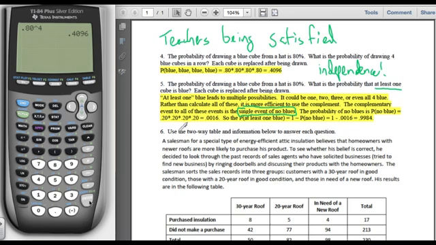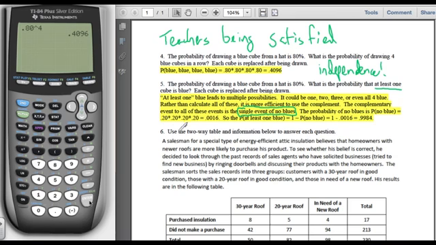So since they're not equal, they are not independent, but they are dependent. The shape your roof is in will determine whether or not you purchase insulation. And this is something you'll need to do for our next test.